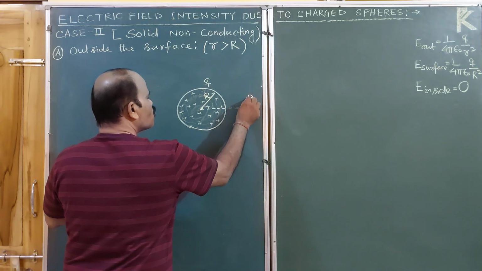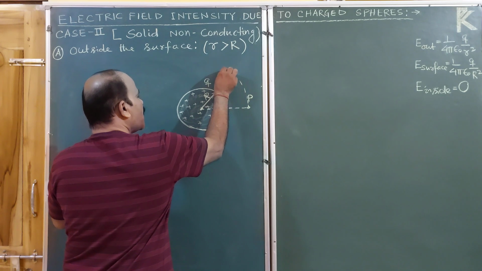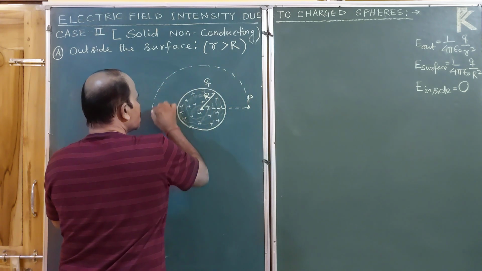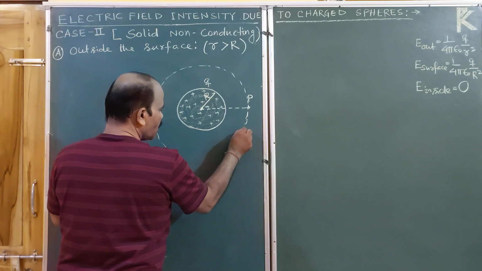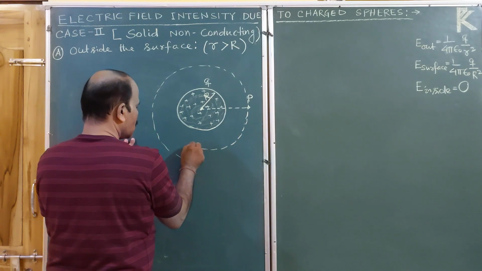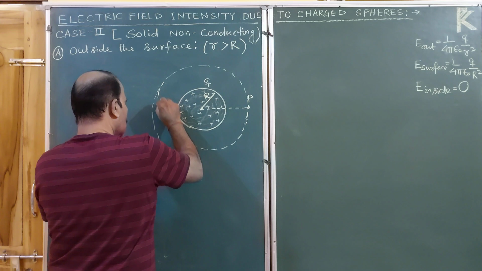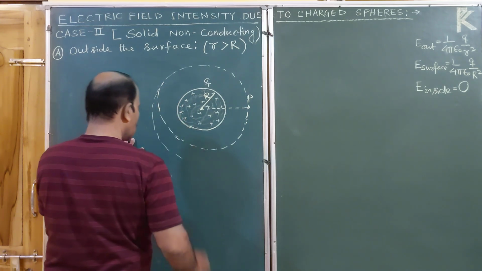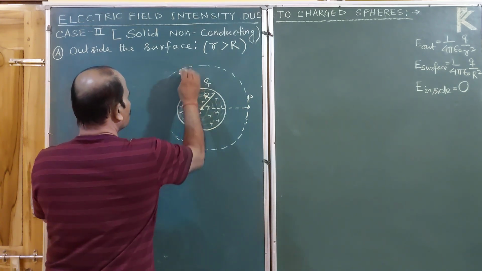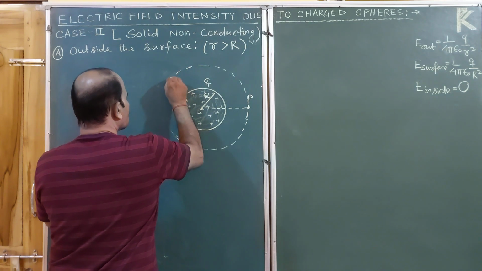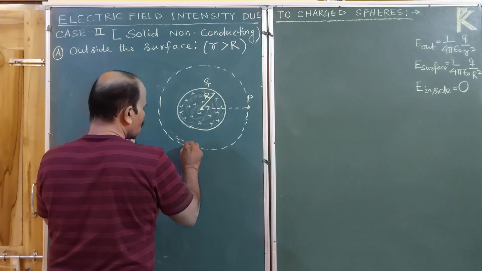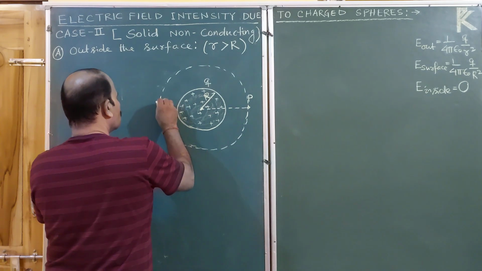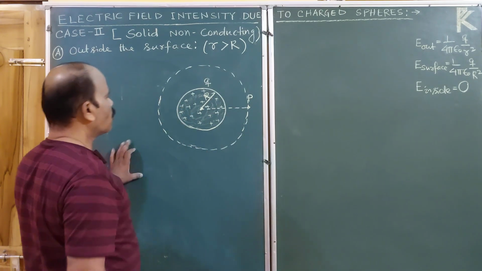So now draw a spherical Gaussian surface. So this is my spherical Gaussian surface.